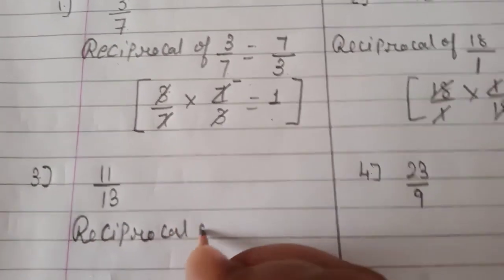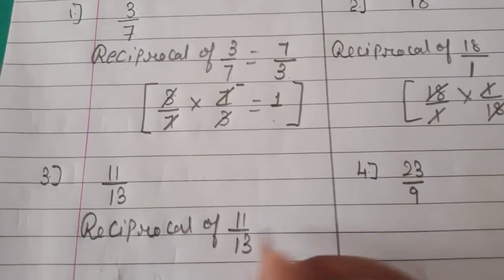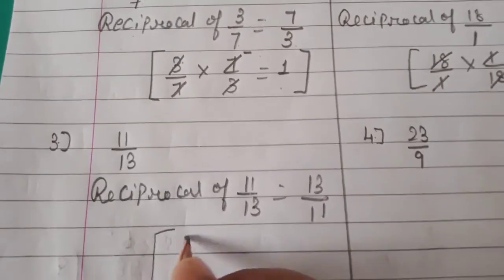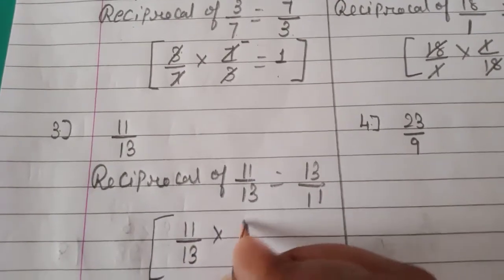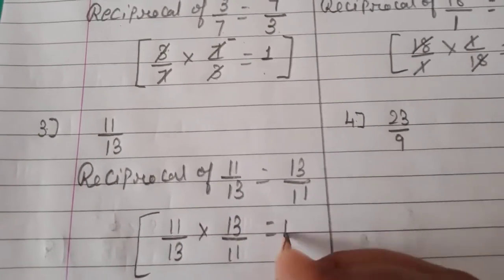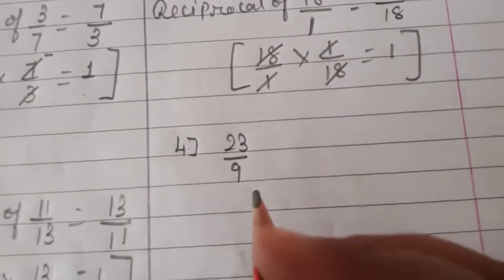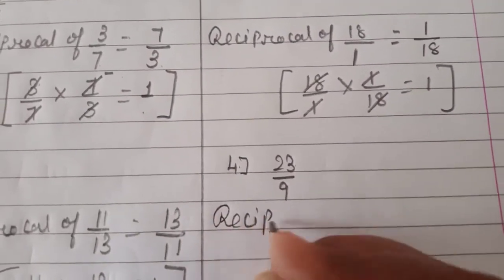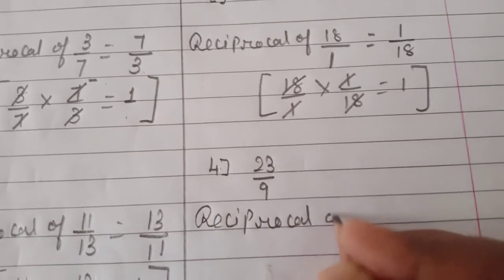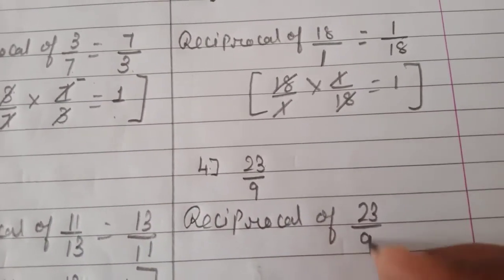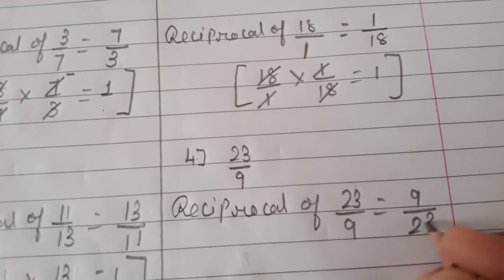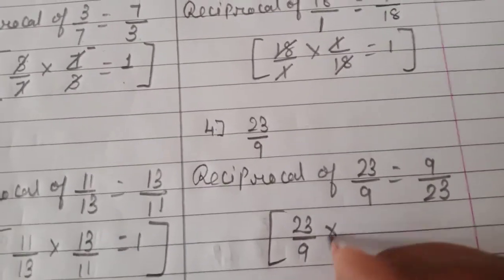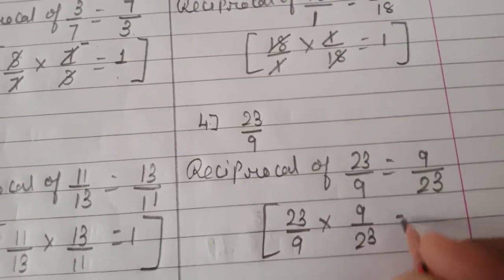So reciprocal of 11 upon 13 equal to 13 upon 11. So 11 upon 13 multiply by 13 upon 11, we will get 1. Now number 4, 23 upon 9. Reciprocal of 23 upon 9 equal to 9 upon 23. So 23 upon 9 multiply by 9 upon 23 equal to 1.